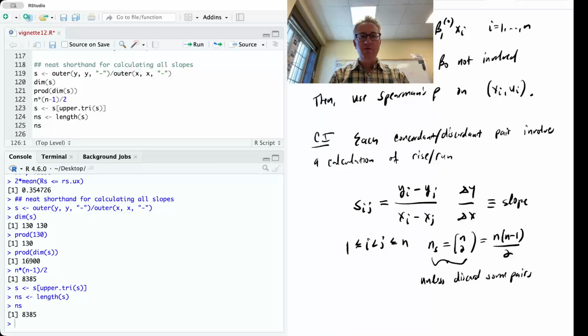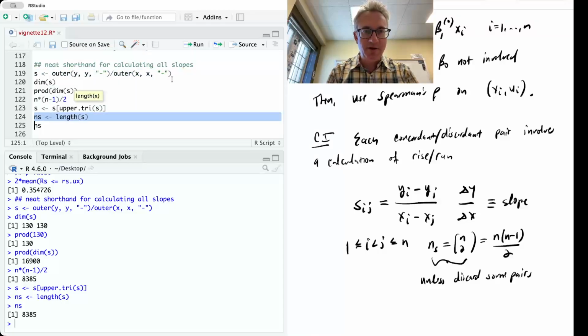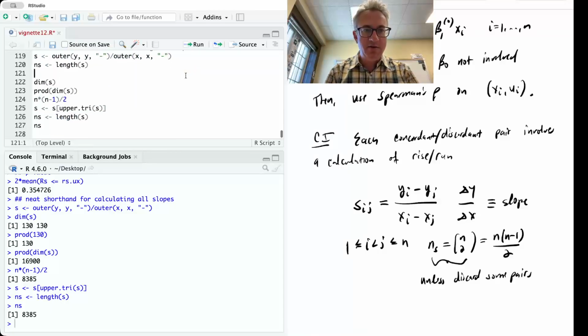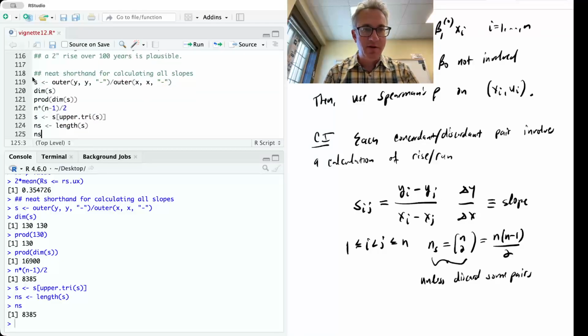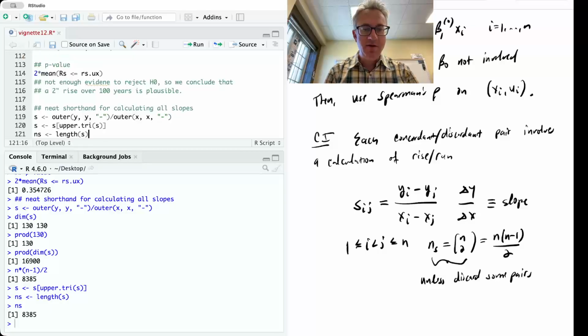Okay, so really all you need is this part and this part, right? All this other stuff that I did is not really necessary. It's just to show you. I guess you need 3 lines, right? I need the upper tri, so I'll just delete the lines that I don't strictly need. So in these 3 lines, I can basically do the work of a double for loop to calculate all of the slopes that come from each pair of pairs.